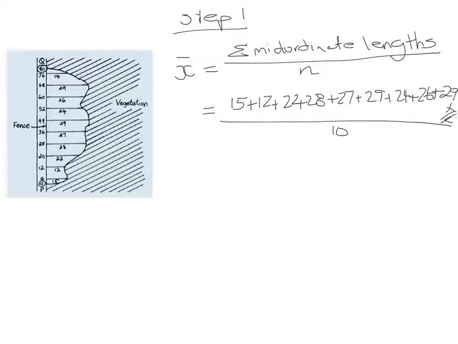If I actually count them over here, I've got 1, 2, 3, 4, 5, 6, 7, 8, 9, 10. They're all my mid-ordinate lengths there. You can see here, this is my survey line, and if we start here at 0, all the way to here is 80. So I know my survey line is 80, and it has been split. If I just calculate that, I end up with 22.6 metres.